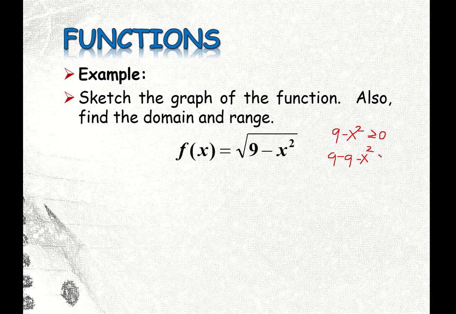Then to retain the inequality, in the rule of inequality, we cannot change the sign of inequality when you subtract or add on both sides, so it will remain as greater than or equal to 0. And what we did on the left side, we also have to do on the right side, so 0 minus 9.